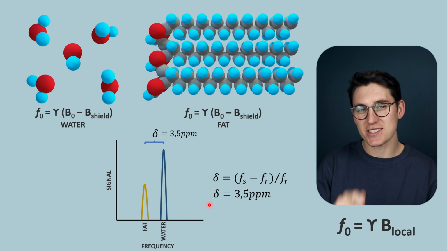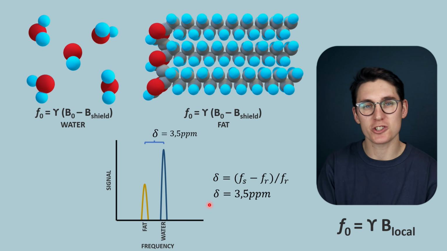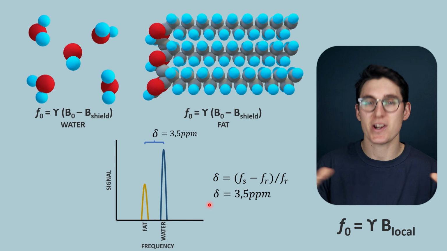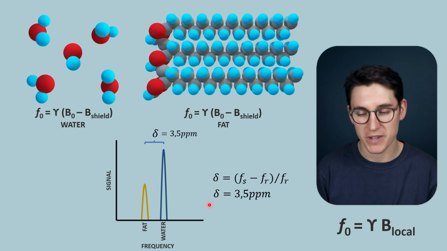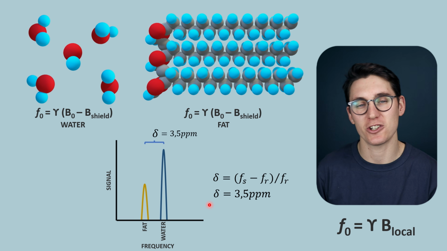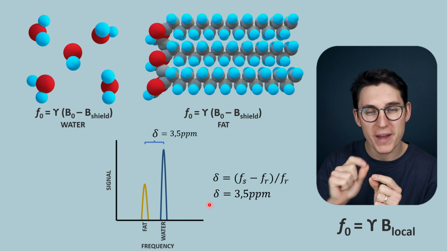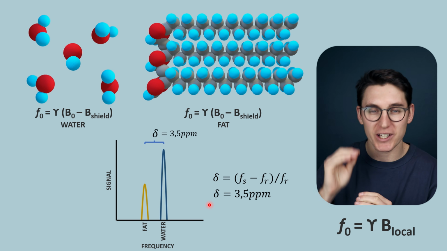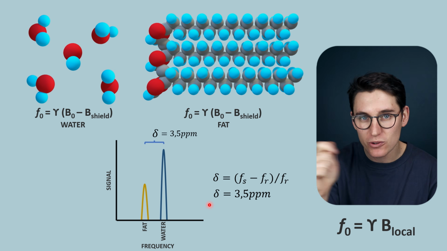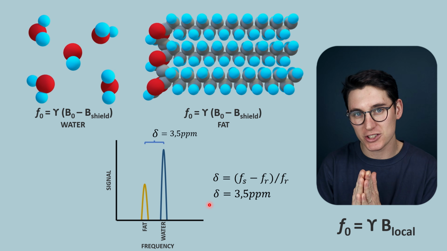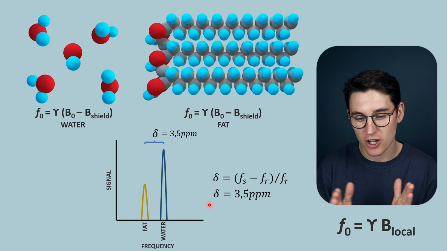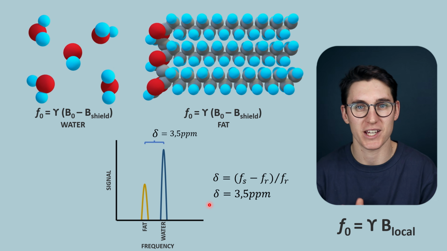Now, what changes those megahertz values? What changes those precessional frequencies? It's the strength of the external magnetic field. The stronger we make that external magnetic field, the faster these hydrogen atoms will precess, the more megahertz they will precess. And for each megahertz that we add on to the precessional frequency, we are going to introduce an absolute difference of 3.5 hertz between water and fat.